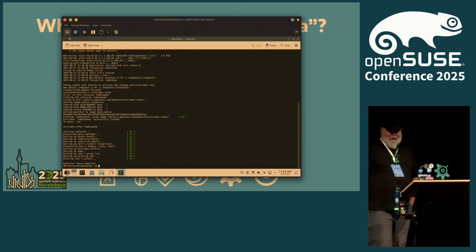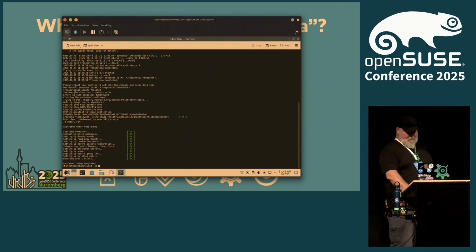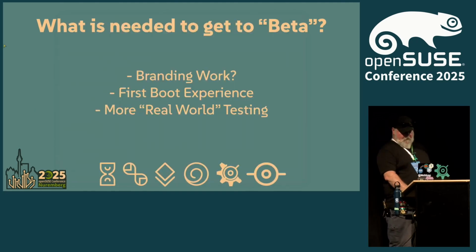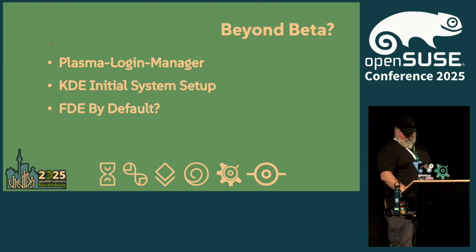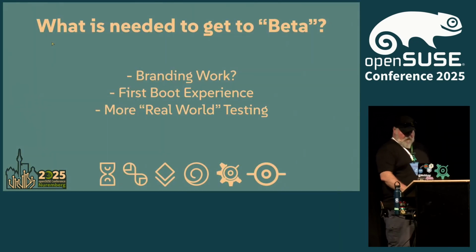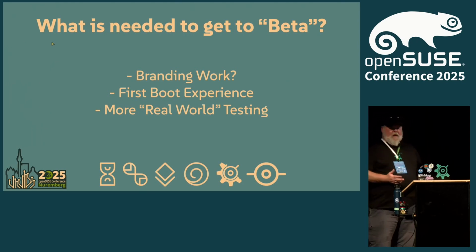I just haven't gotten that fixed yet. And more than anything else, I need more people using it and reporting issues. I can only test what I know to test.